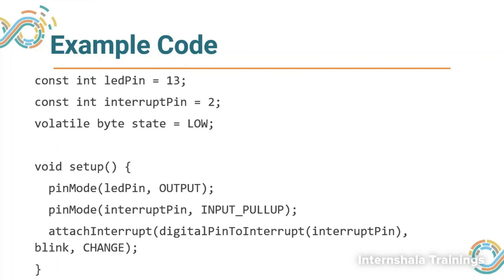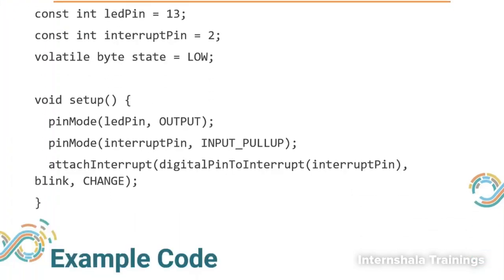Now I am attaching my interrupt, attach interrupt, digital pin to interrupt and interrupt pin, which is actually pin number 2. And I am going to call a program called blink on change. That means either I give a rising edge or falling edge on my interrupt pin. It is going to go to a program or a function called blink.